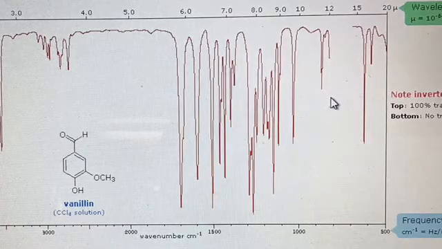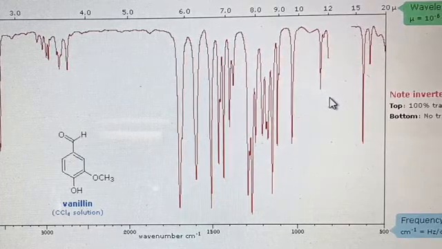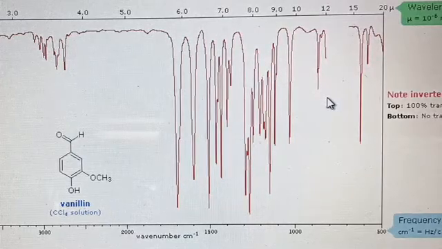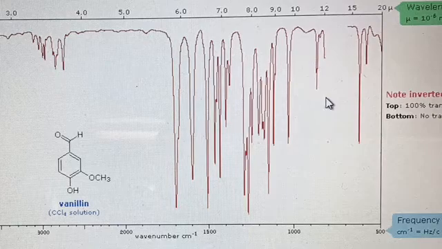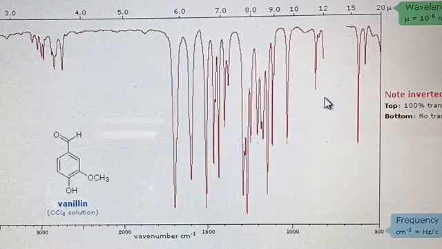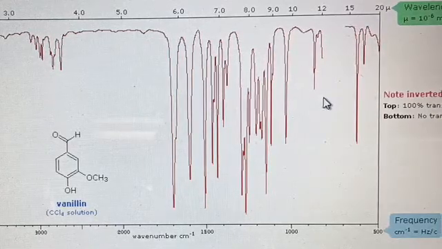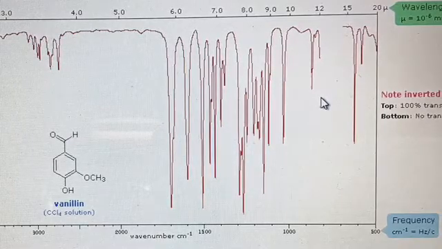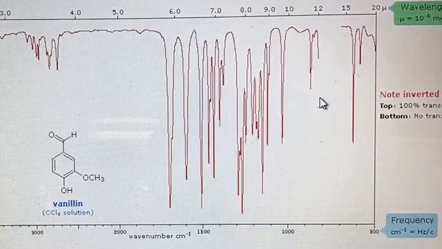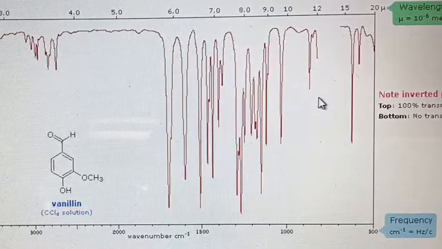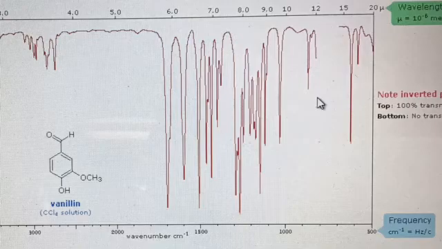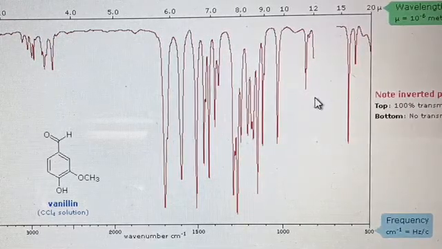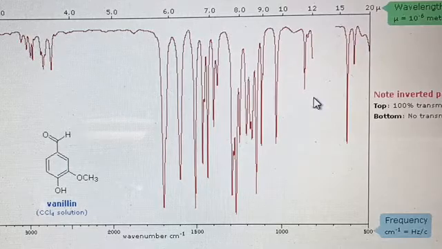You can see this is a very complicated spectrum, lots of peaks, some of them very long, some of them very short, but each of those peaks represents an interaction with vanillin, and the likelihood of another molecule producing exactly the same spectrum is very, very remote.